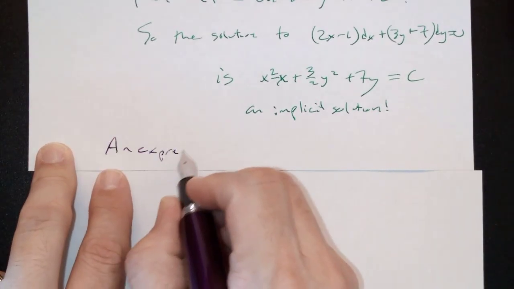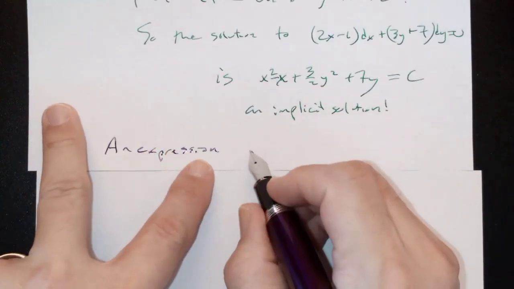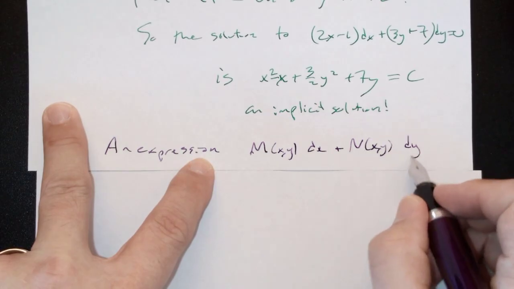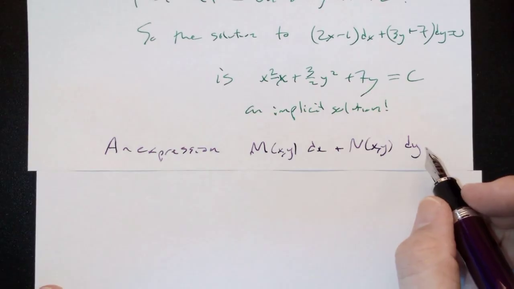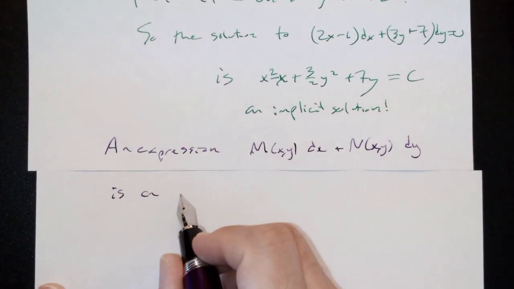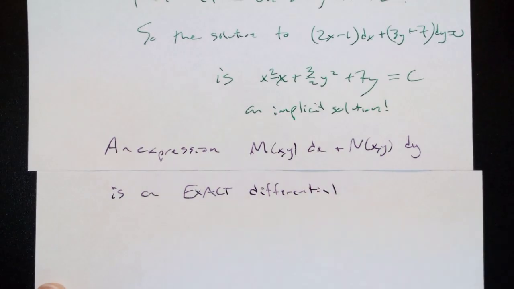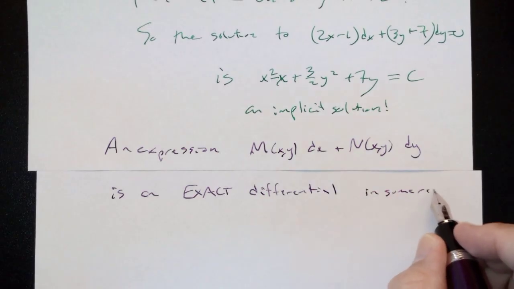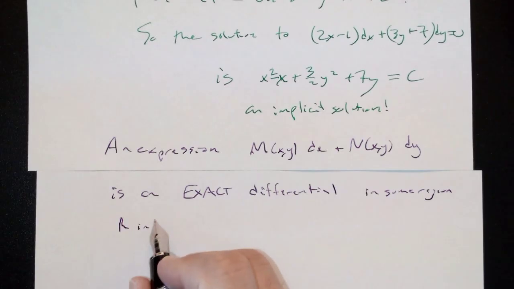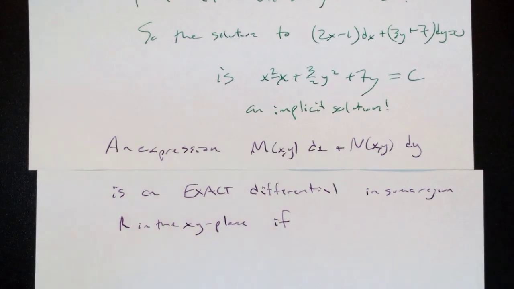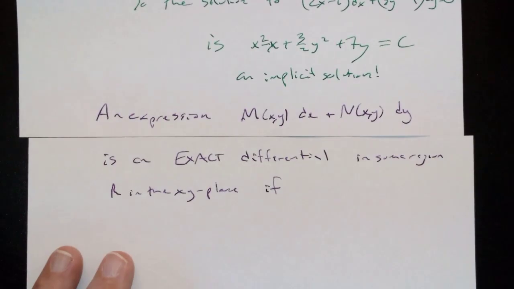An expression m of xy dx plus n of xy dy is an exact differential in some region R of the plane if it corresponds to the differential of some function.